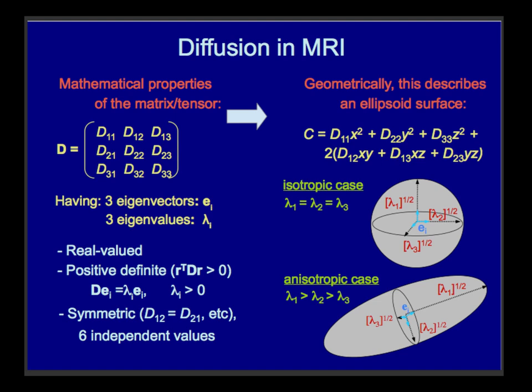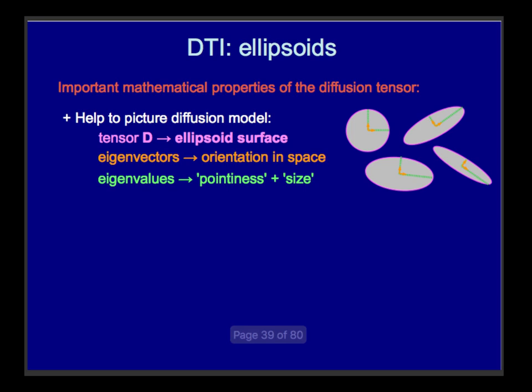So this would be isotropic diffusion. So it's equally probabilistic to go in any different direction. And this is anisotropic. And then we can quantify it based on these things. So every bit of these fun mathematical terms corresponds to something that I prefer, because I like pictures and geometry. So our tensor is really just the ellipsoid surface. The eigenvectors tell us how we're oriented in space.